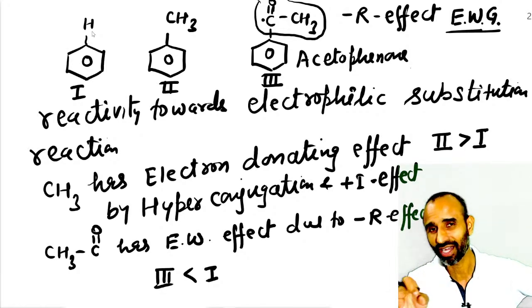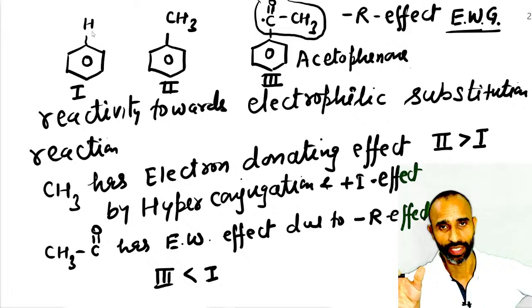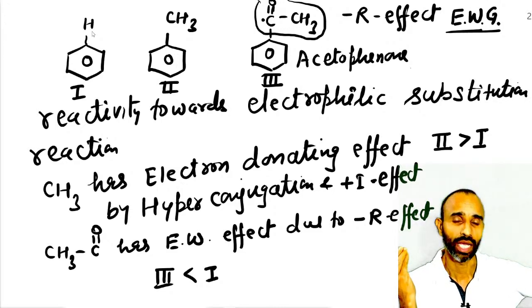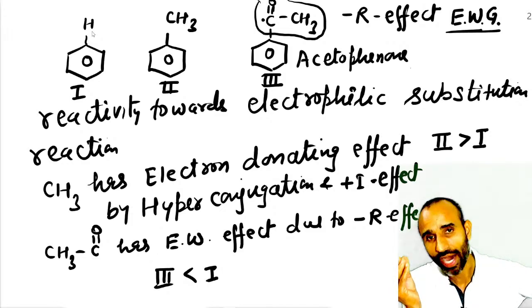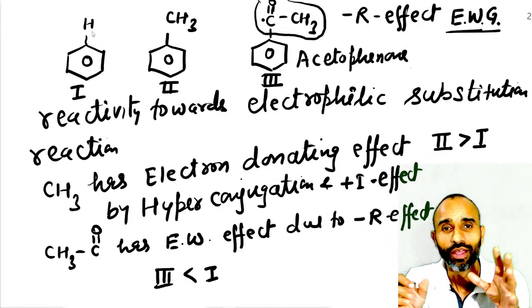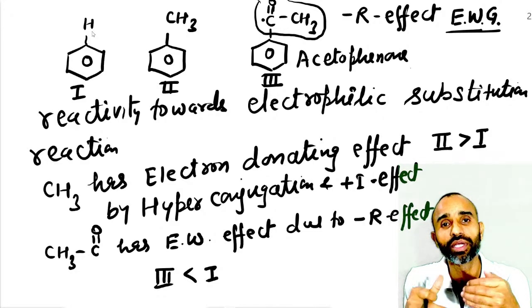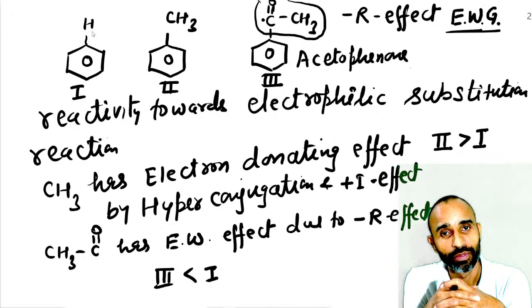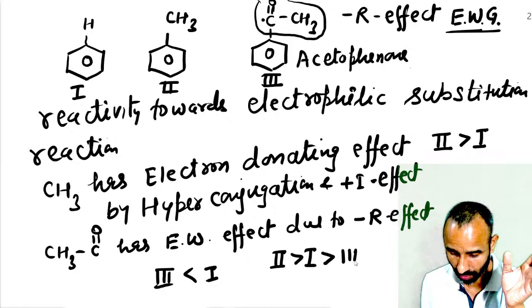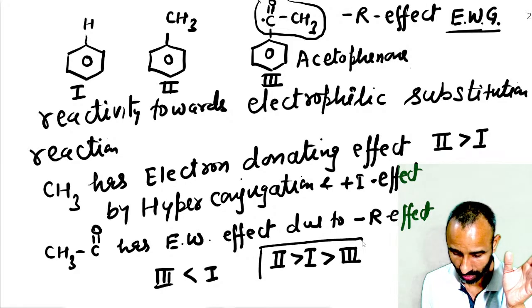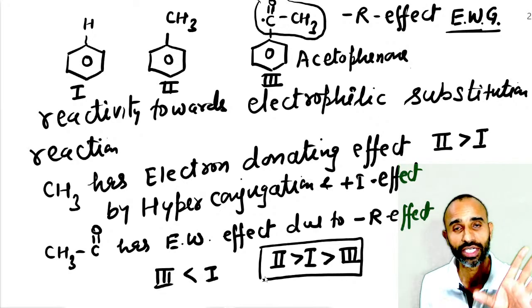Any alkyl group has a donating effect, and any group which has an electron donating effect, either by hyperconjugation, by plus I effect, or by plus R effect, becomes more reactive. So the second is more reactive than the first, and the first is more reactive than the third. So this is the order of reactivity.